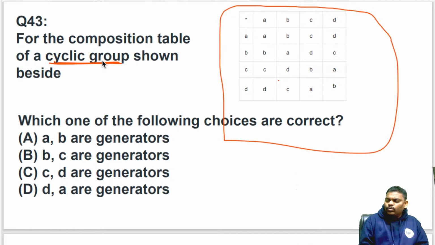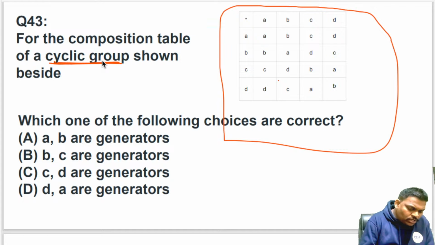Using one element, you can generate all the elements. A group with a generator is known as a cyclic group.